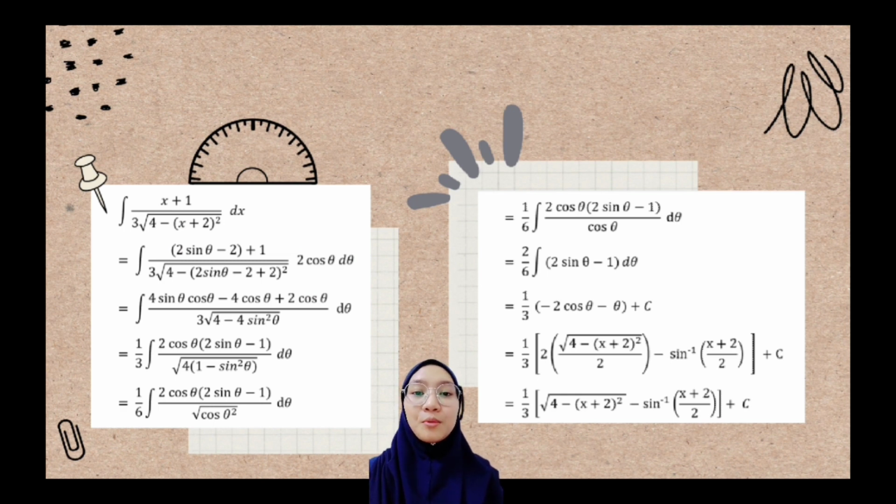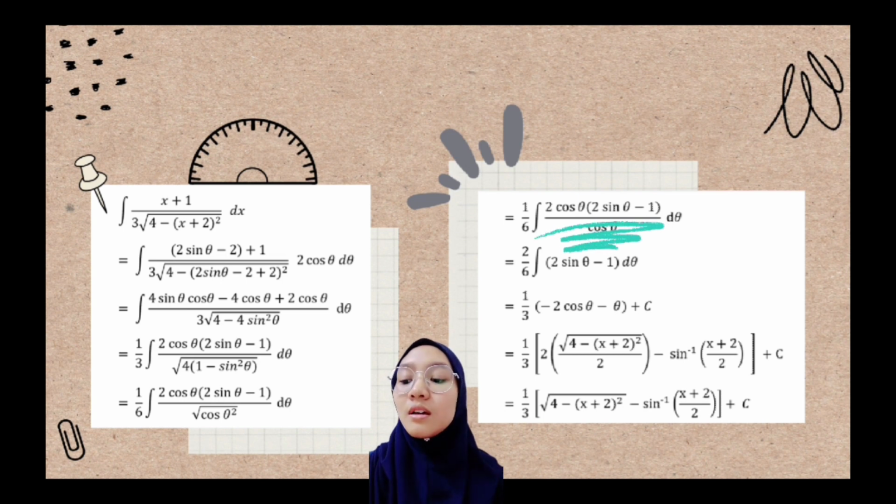Next, bring out 1 over 3 to the front and factorize the value in the square root. Next, apply the identity for 1 minus sine to the power of 2 theta. Get cos to the power of 2 theta. And square root the cos to the power of 2 theta. Get cos theta. And after that, factorize the value above.